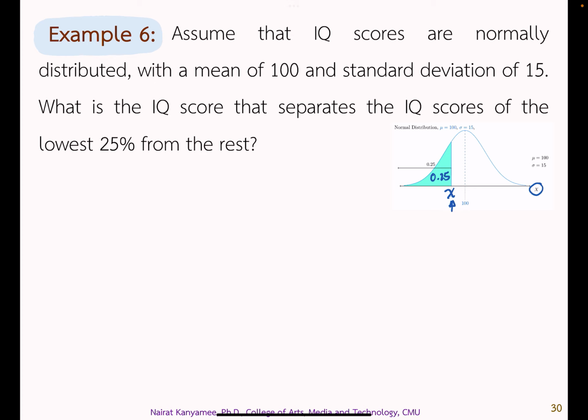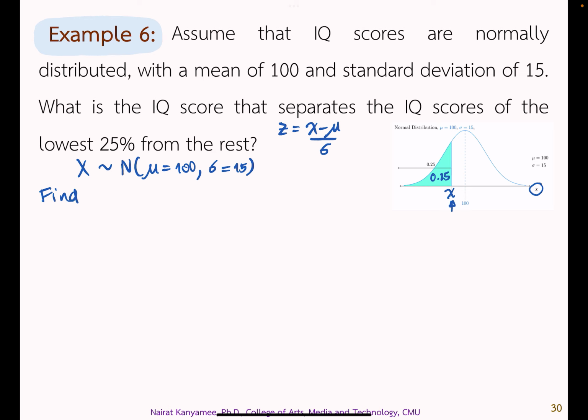Write everything down. We know that X is normally distributed with mean 100 and sigma of 15. We need to convert with this formula: little z equals little x minus mu over sigma. So what are we finding?